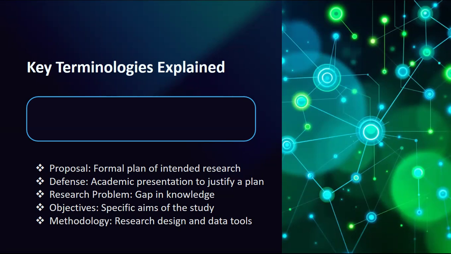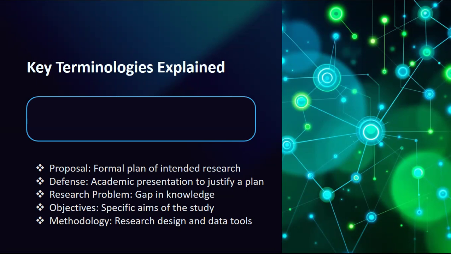Your research problem is a gap in knowledge. A gap in knowledge here means that looking at all that has been done in previous studies, you have identified some gap or you have identified a portion of work which is yet to be done. Okay, that is your gap in knowledge, and that can be your research problem for which you are conducting the research.